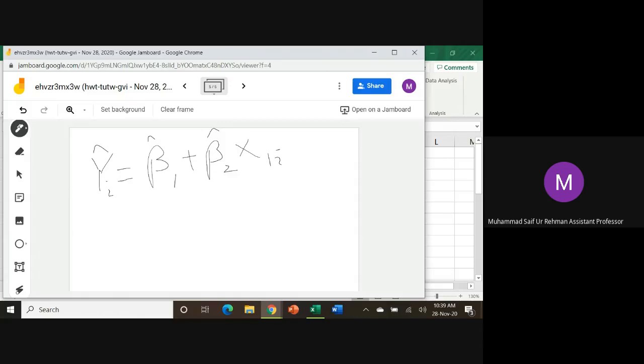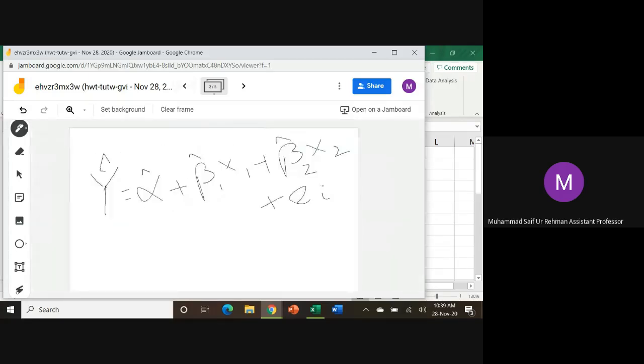X1 is a series, so we are not writing i here, but better would be if you write i. Beta 1 is the intercept in this case and beta 2 is the coefficient for the first variable, and there is only one explanatory or independent variable. But in the present case, beta 2 is the coefficient for x2. Therefore you are getting confused that this is the value for beta 2 hat.